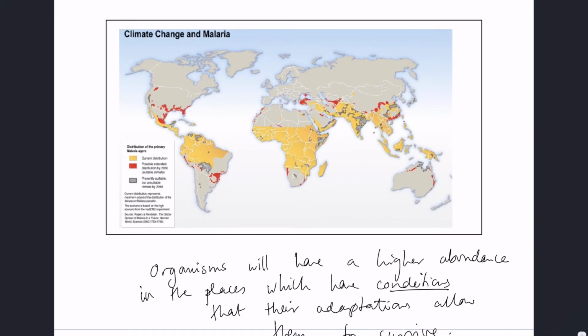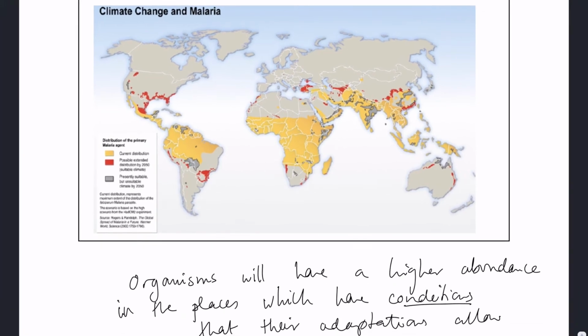And we can use this example. Here, what we've said is that we have malaria. It's adapted to around 20 degrees C. So 20 degrees C is like the minimum temperature. What we're saying is that if climate change happens, then malaria is going to start to occupy different areas.